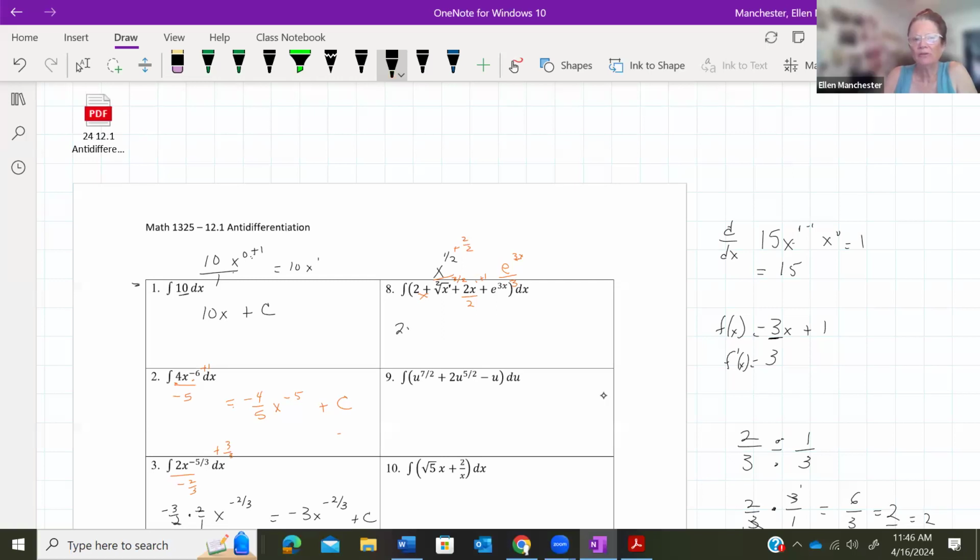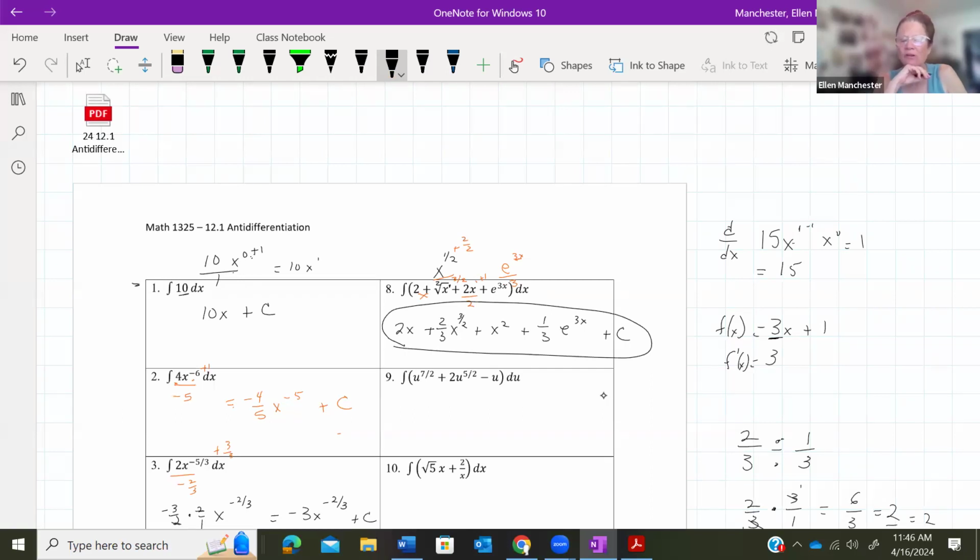So I have 2x plus, I'm flipping this over, so 2/3 x to the 3/2 plus x, excuse me, plus x squared plus 1/3 e to the 3x and then plus c. Okay, so take a look. There's more parts to that one, so take a look at that. Make sure it makes sense to you.